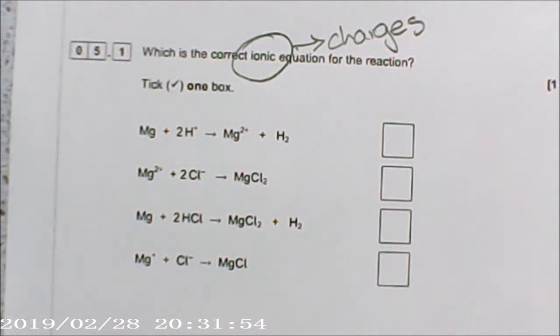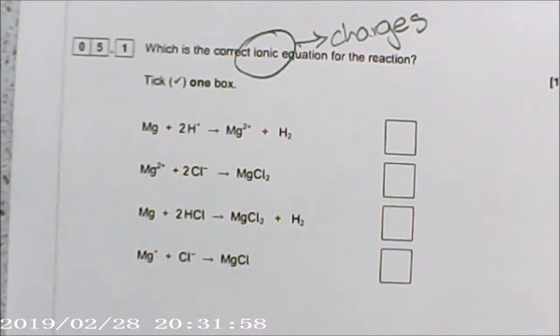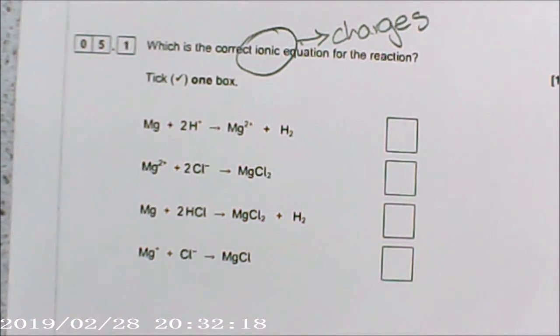So magnesium is in group 2, so it will lose 2 electrons and it will become a 2+ ion. Hydrogen, which is in the hydrochloric acid, is going to be starting positive and then will make H2, the gas H2, which has no overall charge.